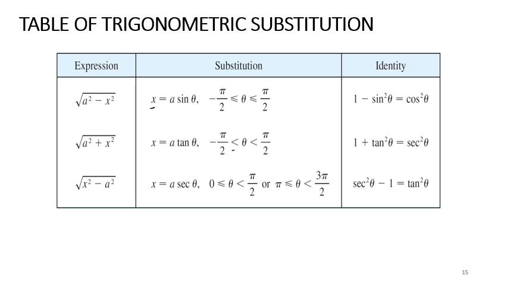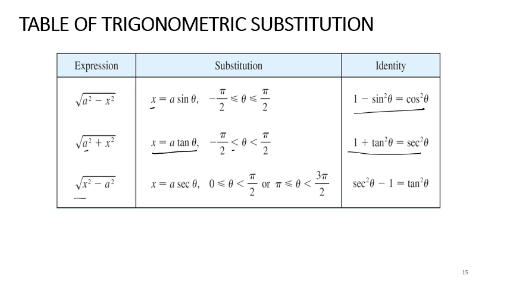In this case, theta should be between negative pi over 2 and pi over 2, and then you can use the trig identity sine squared x plus cos squared x equals 1. But if you're given a squared plus x squared, then it is more useful to use this substitution and this identity.